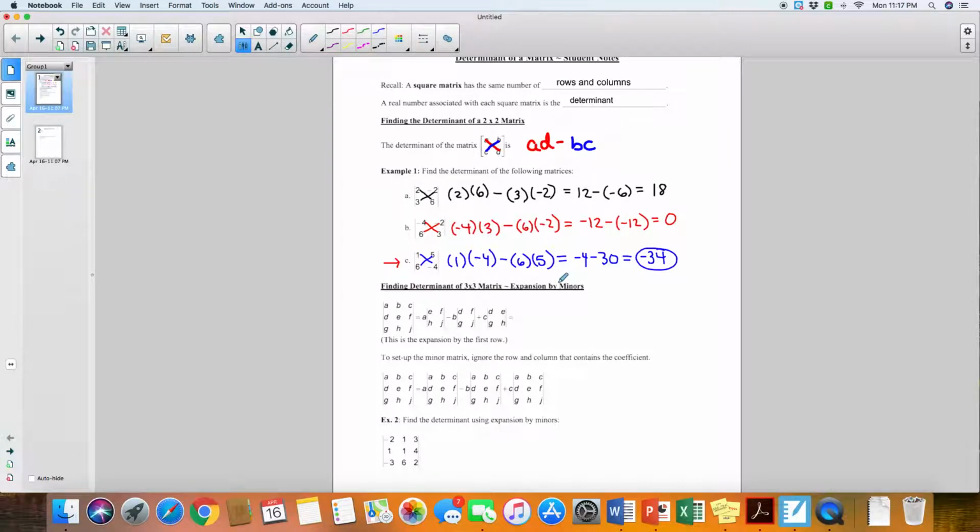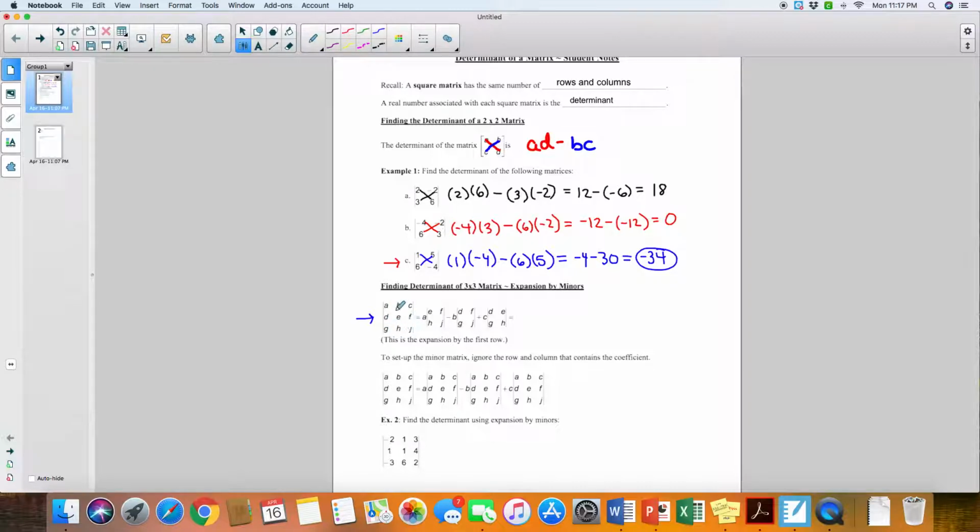Basically a minor is going to be a smaller matrix that does not include the row and column of the removed element. So if we look at this right here, the formula that they have written is going to be the determinant.